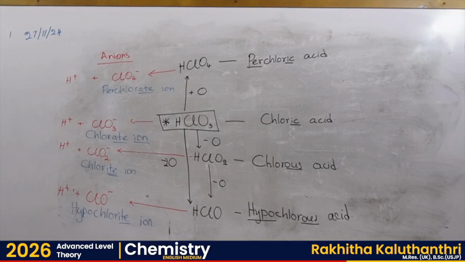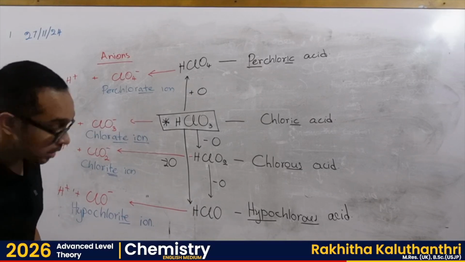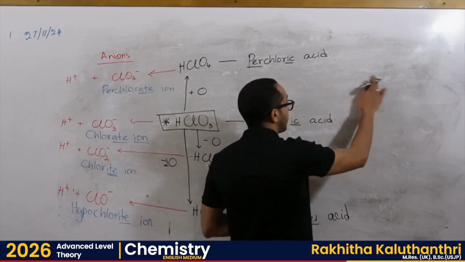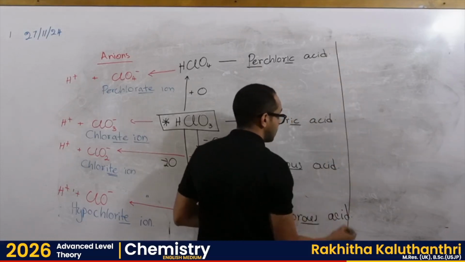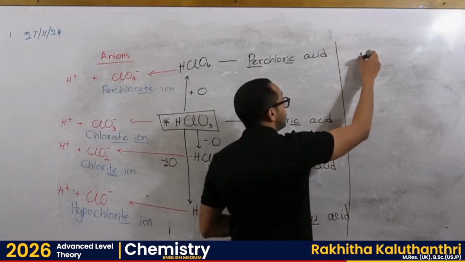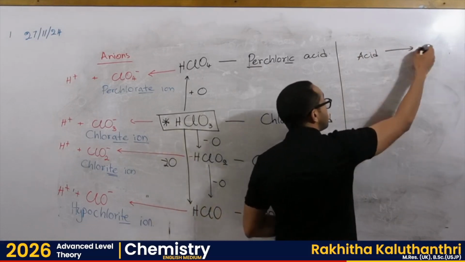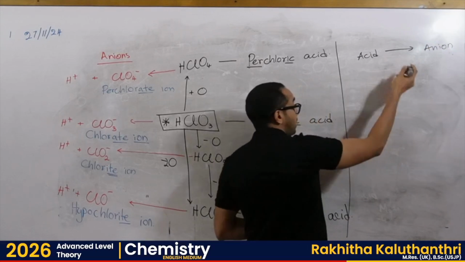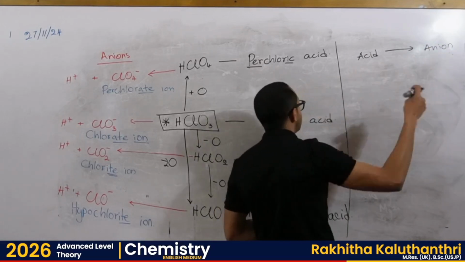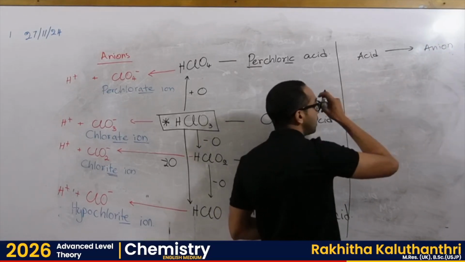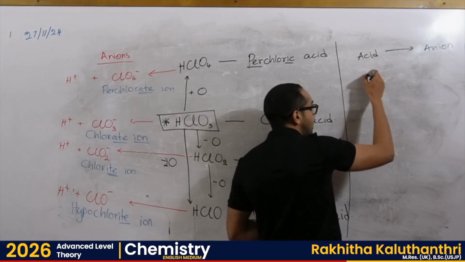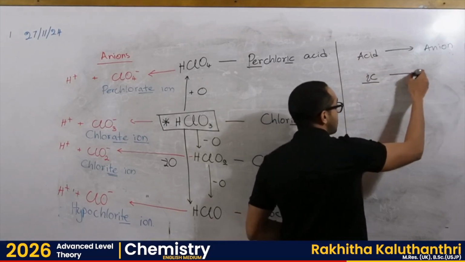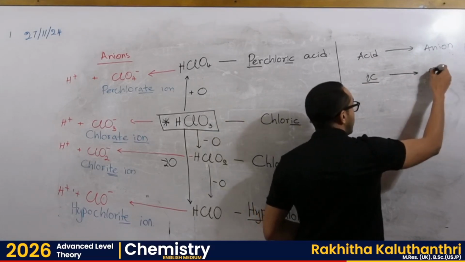Always when you are converting an acid to its anion, imagine we are talking about an acid turning into an ion. The only thing that changes in the name of the anion is that if the acid name is ending with IC, then the anion's name should end with ATE.